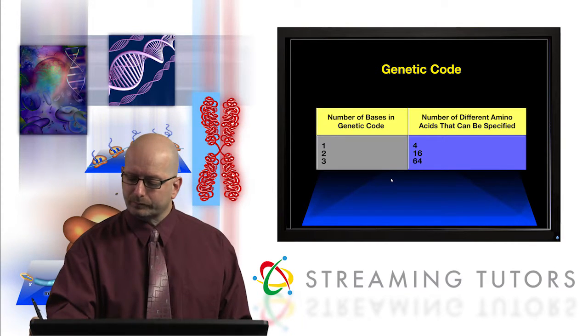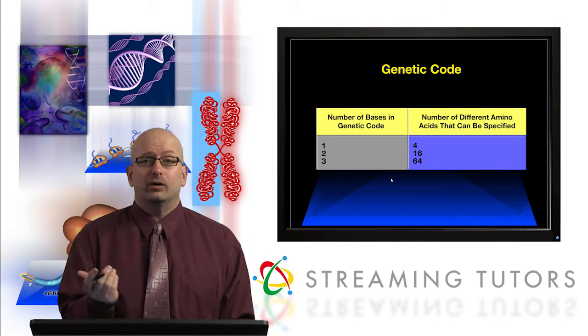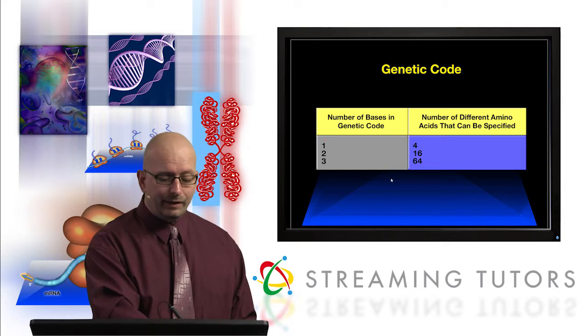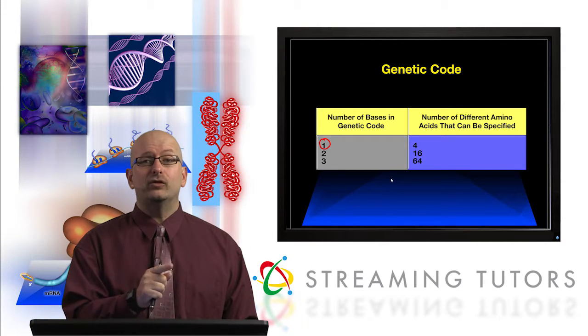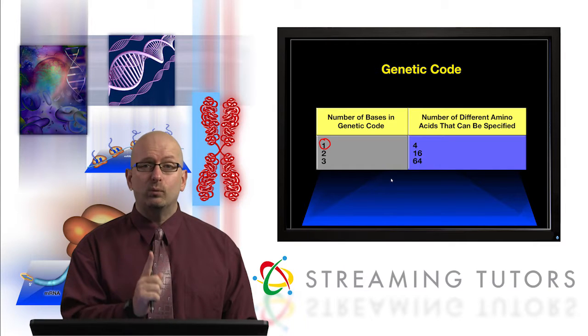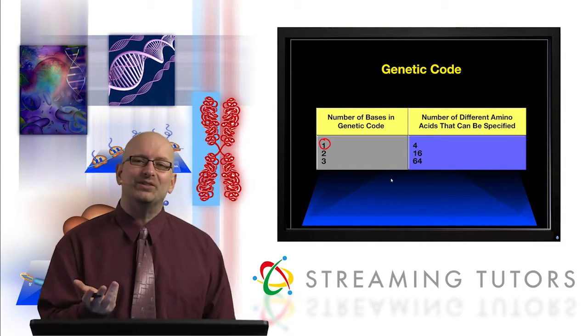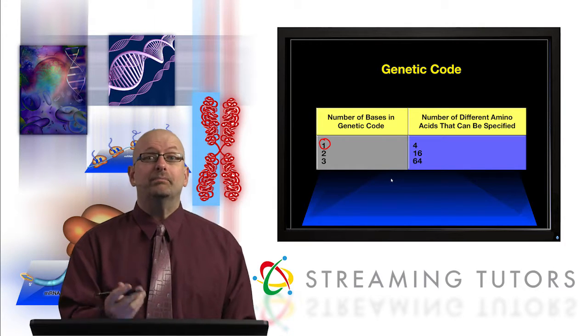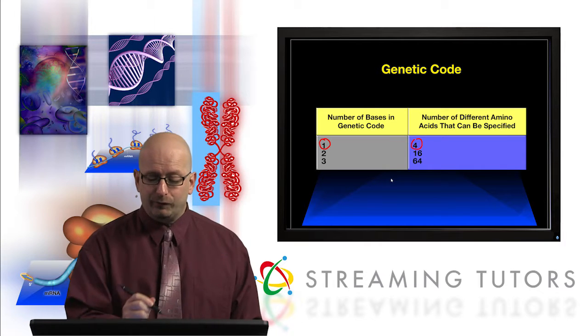Because look, here's a table that shows, if we're just doing a thought experiment now, we're saying, look, if it were true that the number of bases in the genetic code that specified one amino acid was, in this case, 1, I hope it makes sense to you that the exact number of amino acids that you could specify would be 4, right?